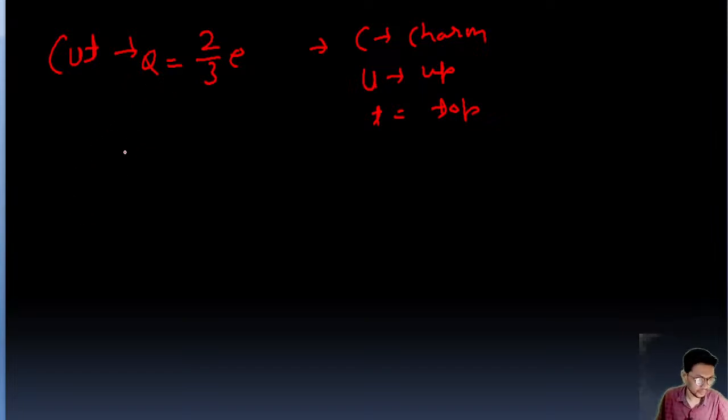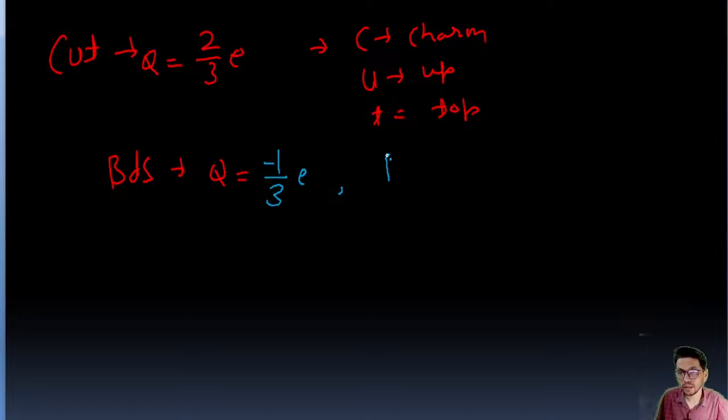And for BDS the charge equals minus 1/3 of the electron charge. BDS means B is bottom, D is down, and S is strange. This is a trick, guys.